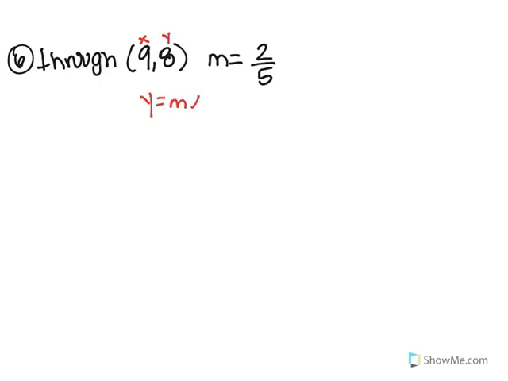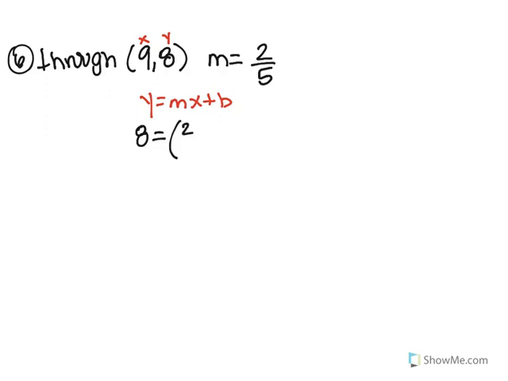Let's write the equation of a line that's going to go through the point 9, 8 and has a slope of 2/5. So y would be 8.